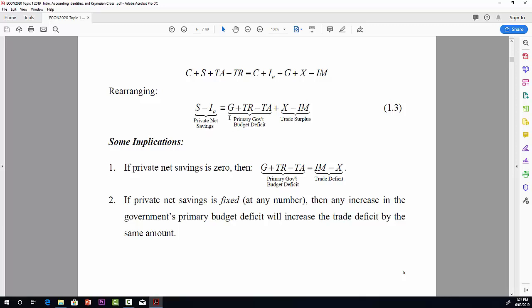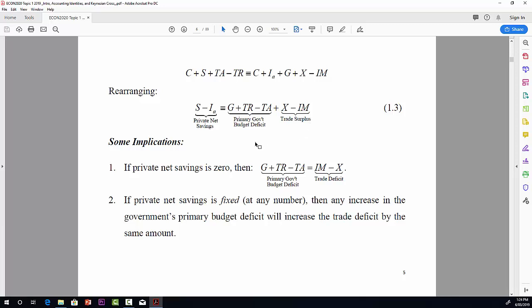And that's equal to G plus TR minus TA, so government expenditure plus transfers minus taxes. This is what's known as the primary government budget deficit, plus X minus IM, the trade surplus.